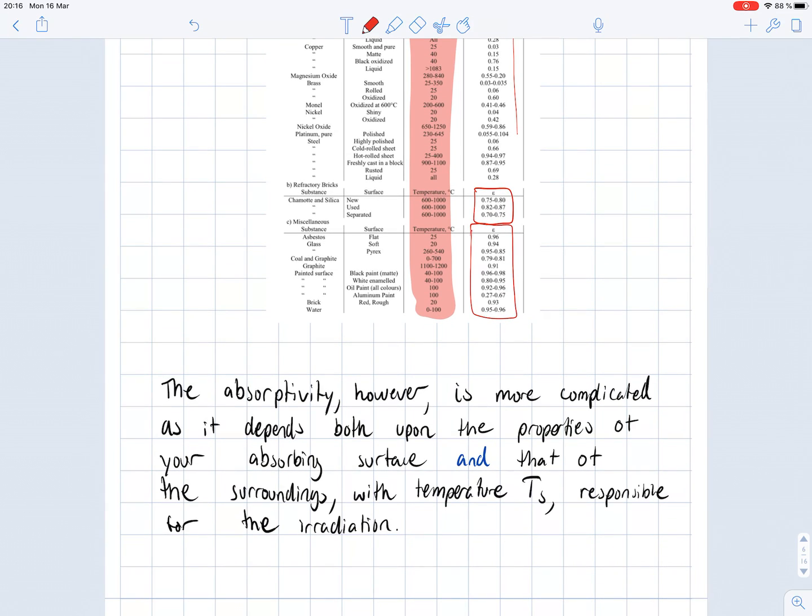If we consider the absorptivity, however, the absorptivity is more complicated. And the reason why it is more complicated is that it depends upon the properties of the absorbing surface, of course, and the properties of the surroundings.